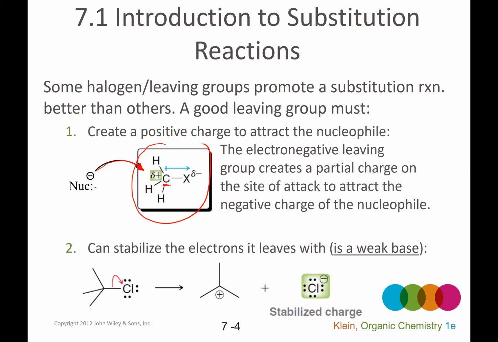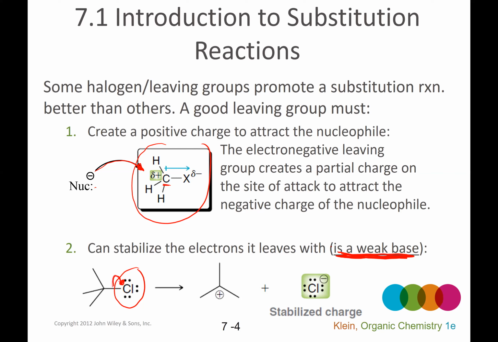The other way is that when the halogen leaves, and I'm showing it leaving here, you see this bond is breaking. These electrons are going onto the chlorine. When it leaves, chloride ion is a weak base, right? It's the conjugate base of HCl. And so it's very stable. Weak bases are stable. And so the other way it promotes the reaction is that it can leave very easily.